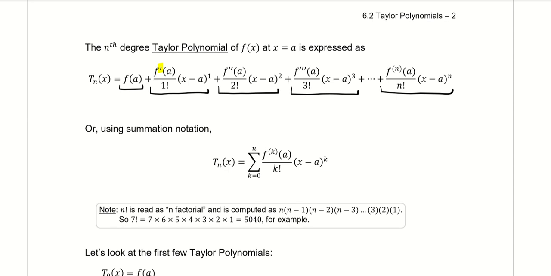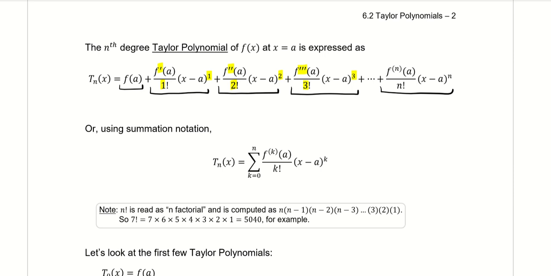This is the first derivative. This is 1 factorial. This is x minus a to the 1. Everything involves a 1. The third piece of this sum, second derivative, 2 factorial, x minus a squared. Everything involves a 2. The fourth piece here, third derivative, 3 factorial, x minus a to the third.